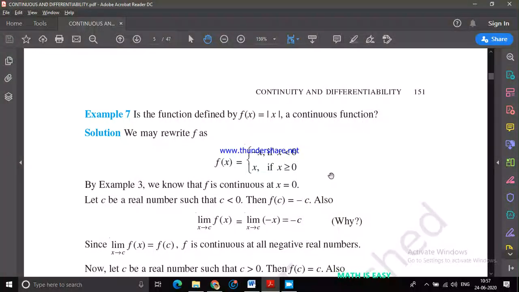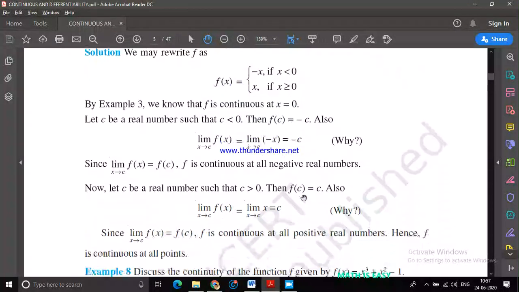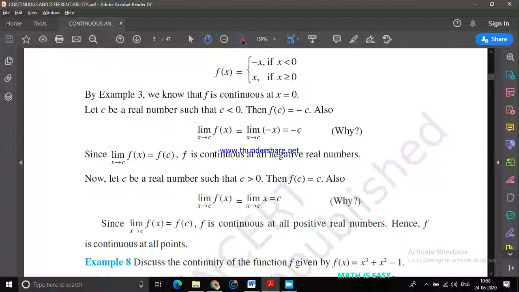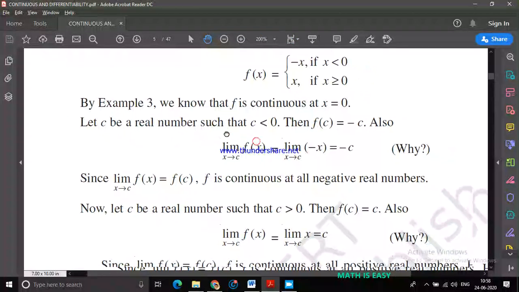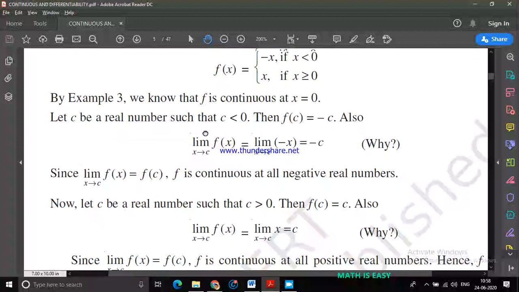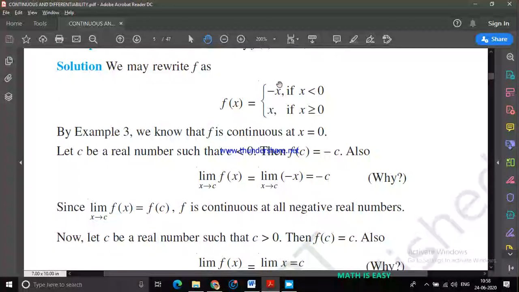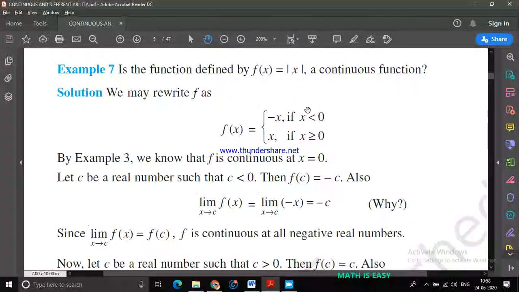Okay. Now how is it continuous? Here they have given the explanation. Yeah, this is the definition. f of x equals minus x when x is less than 0, this is the mod x definition. And f of x equals x if x is greater than or equal to 0.